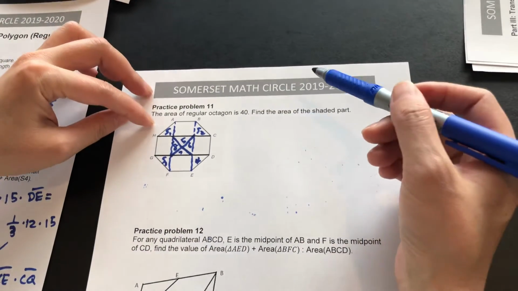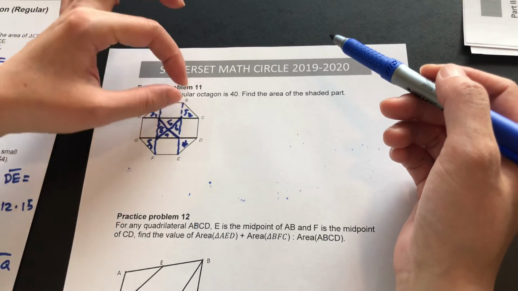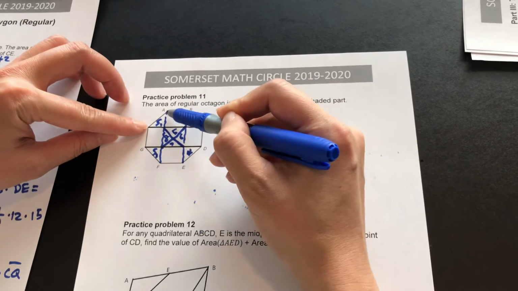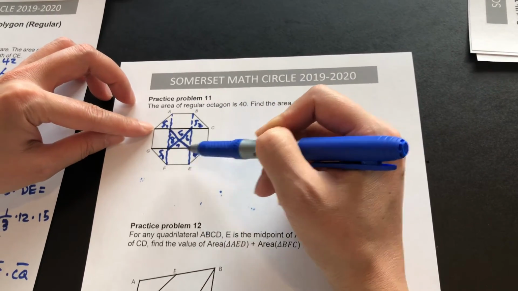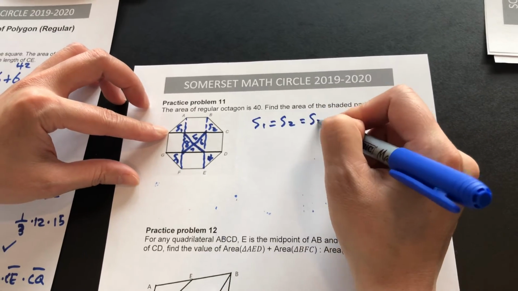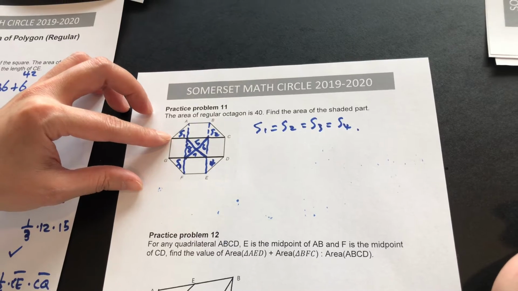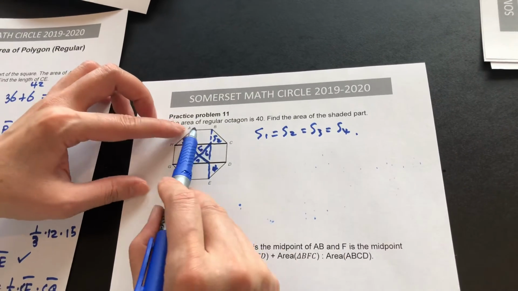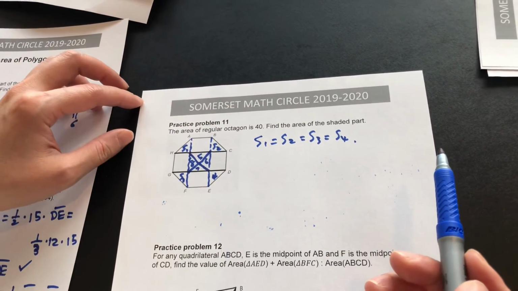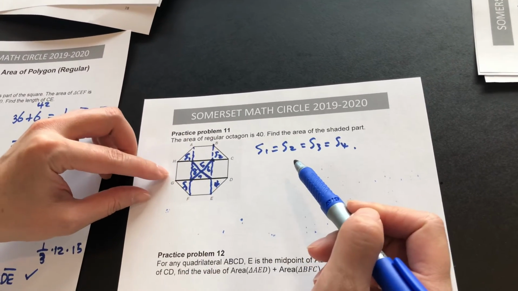So if you look closely, for an octagon, all sides are equal, right? So S1, S2, S3, S4, they are equal. There's no question about that. Let's look at 5, 6, 7, and 8. AB is the side of the octagon, and this one is the side of the octagon as well.